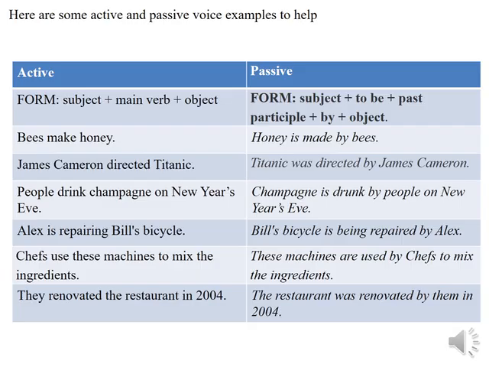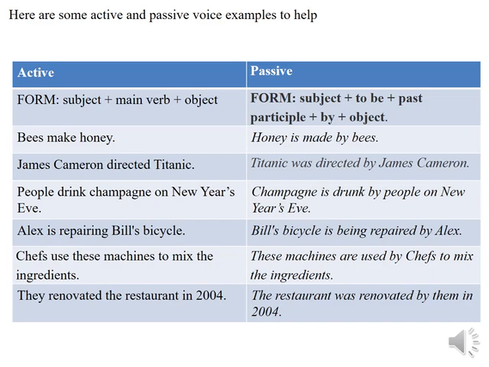Now another one is: James Cameron directed Titanic. James Cameron is the subject, directed is the verb, Titanic is the object. Now look at this one: Titanic was directed. We are taking the object in active and bringing it to the subject in passive. If we have only one verb in active, which is directed, under passive voice we now have two verbs.